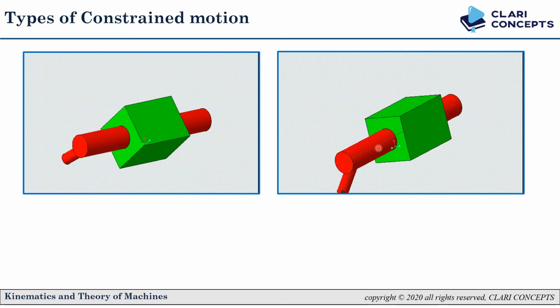Now just let me know one thing. Is it possible to rotate and slide at the same time? Yes, it is possible. Is it dependent on each other? No, it's not dependent. That means it's not like a nut and bolt, or a screw pair. That means independently you can rotate and independently you can slide. That means there are two different motions associated with the red link and green link over here, right?